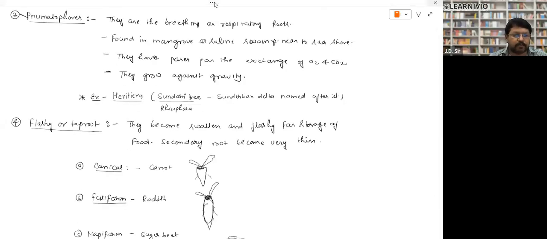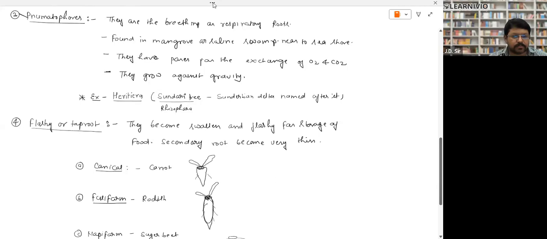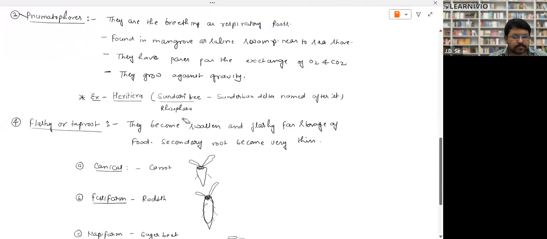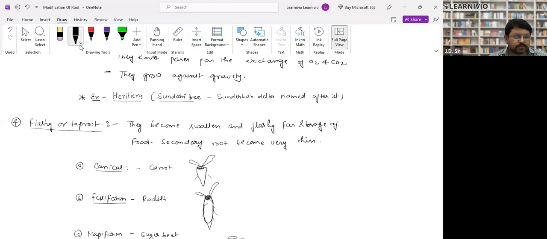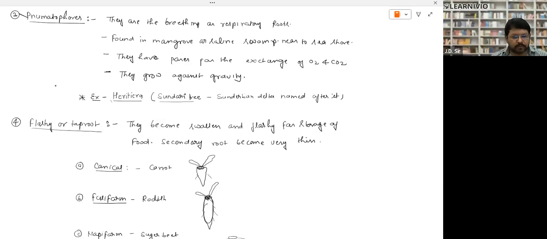Sundari tree is a type of mangrove. Mangrove trees are found in the delta ecosystem.